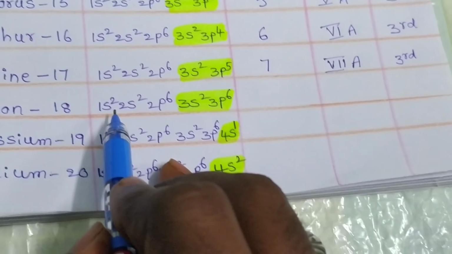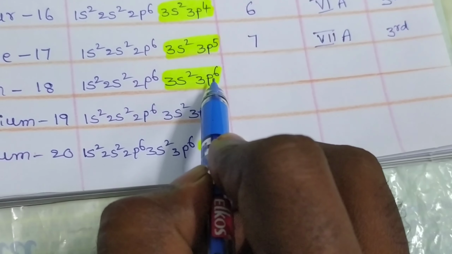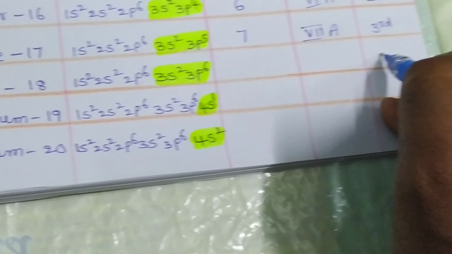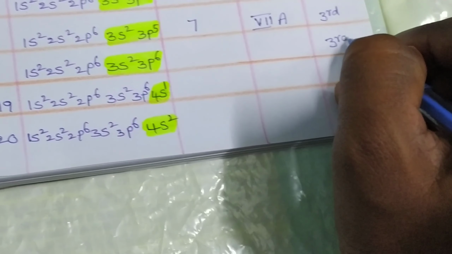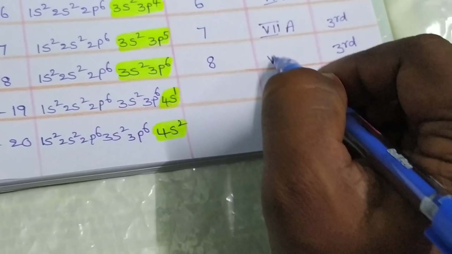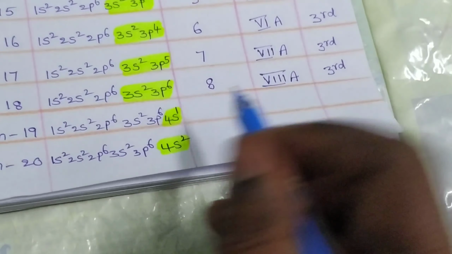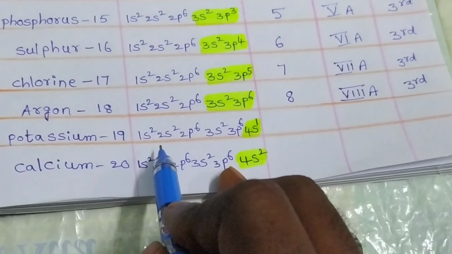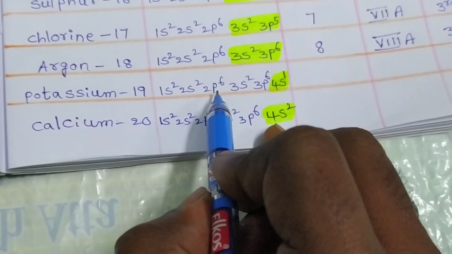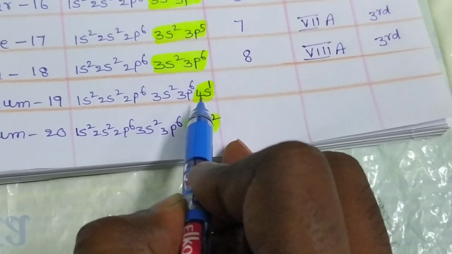Next, argon. Electronic configuration is 1s2, 2s2, 2p6, 3s2, 3p6. Here the outermost orbit is third orbit, so argon is present in third period and it contains 8 valence electrons. So argon is located in 8th A group in the modern periodic table. Now, potassium. Electronic configuration is 1s2, 2s2, 2p6, 3s2, 3p6, 4s1.